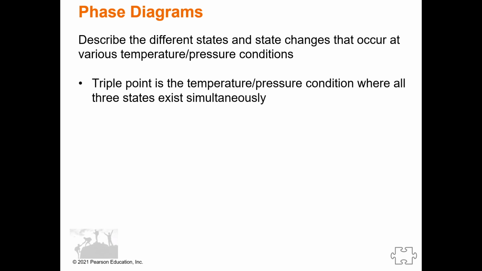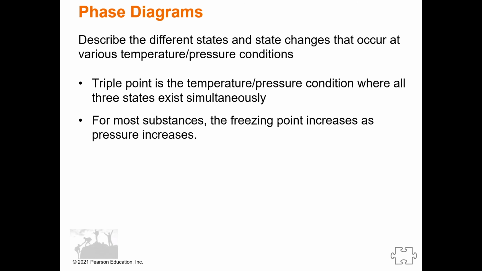There's going to be one point in a phase diagram where all three lines intersect. And this is called the triple point. Here, at a certain temperature and pressure, all three states, solid, liquid, and gas, will exist in equilibrium.